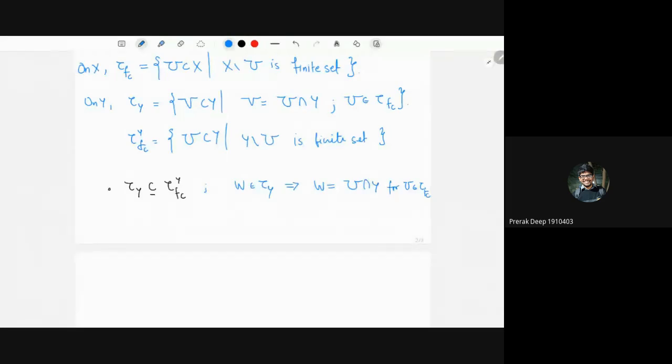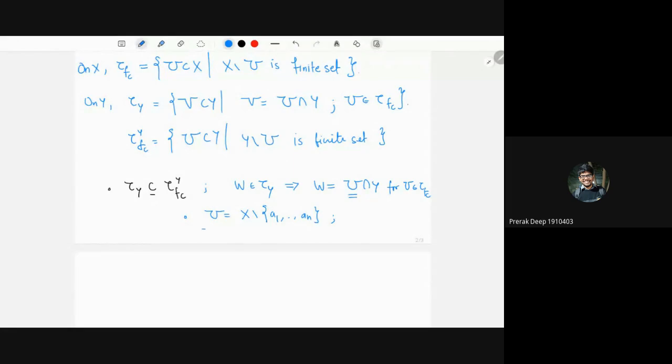And now once you have this U intersection Y, what does this say? What is U? U is nothing but X minus a finite set A1 up to AN. This is U by definition.